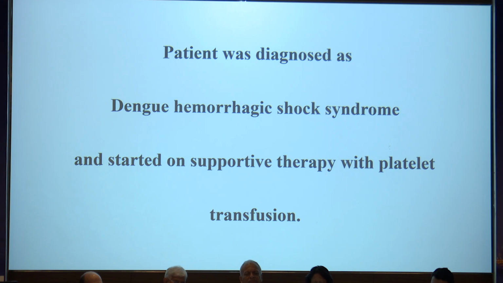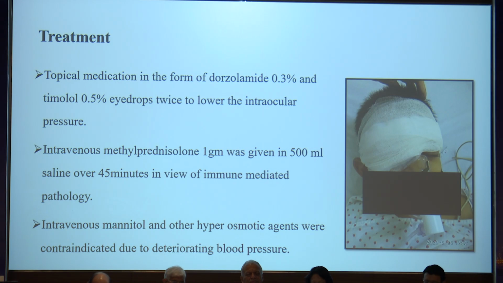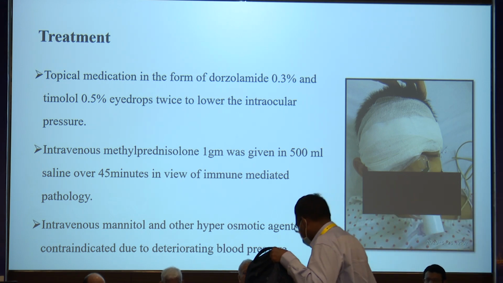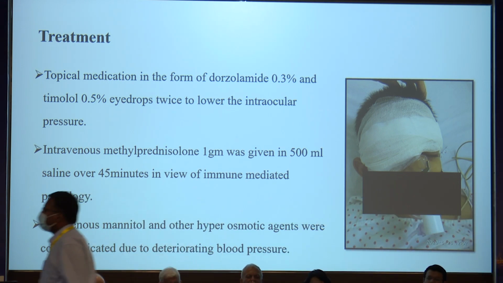The patient was diagnosed as dengue hemorrhagic shock syndrome and started on supportive therapy with platelet transfusion. Topical medication in the form of dorzolamide and timolol was started because of his systemic condition. We were not able to do the lateral canthotomy. Intravenous methylprednisolone was given in view of immune-mediated pathology.